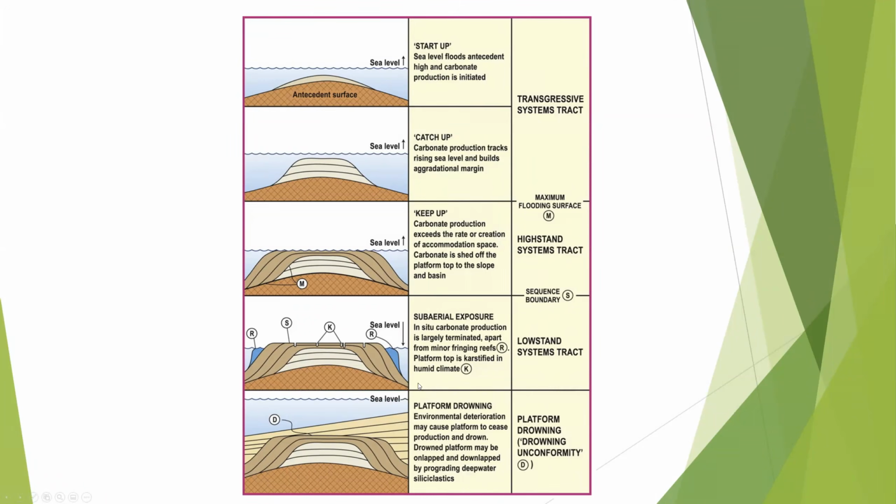But we have some shedding or some fans, because we have the river system, we have some fans of sediments at the slope and also at the basin part. The last part of creating a platform is when the sea level suddenly goes up and the platform is drowned by the sediments.